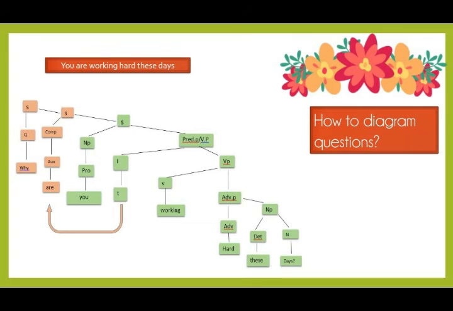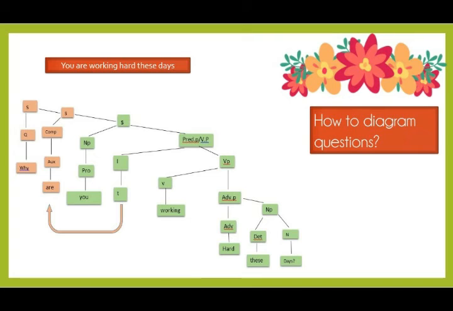Okay, and the next question is how to diagram questions. First of all, the W question is a question asked for information, using question words such as what, who, where, why, when, whom, whose, which, and how.